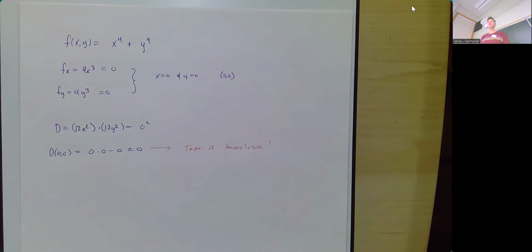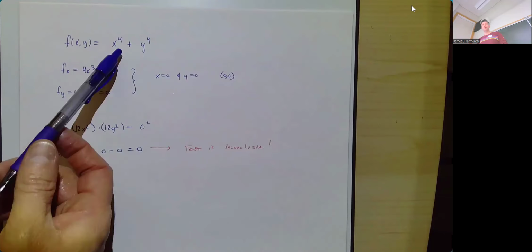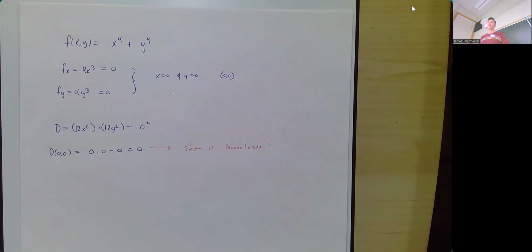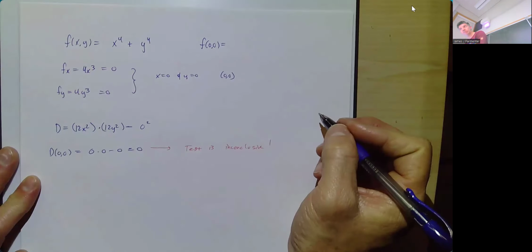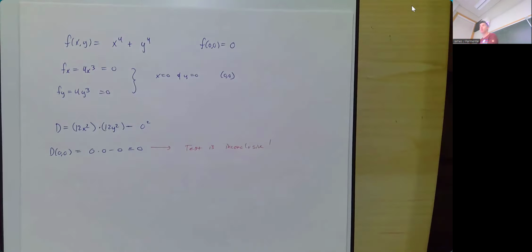But if we look at the function f of x, y equal to x to the fourth plus y to the fourth, if you plug in (0, 0), what do you get? 0. If you plug in any other point, is the function value going to be positive or negative?